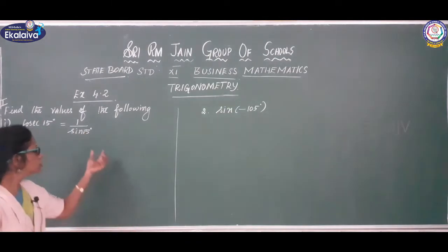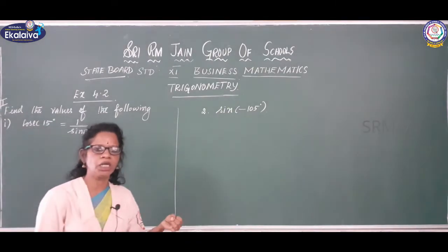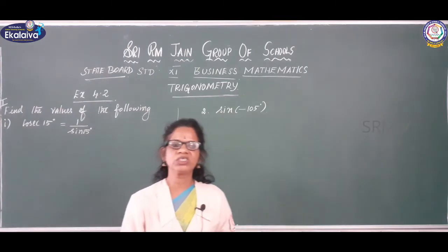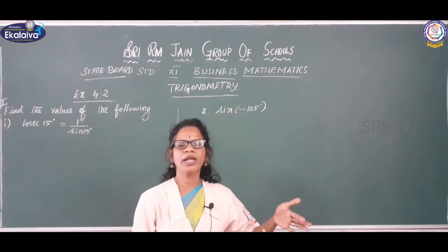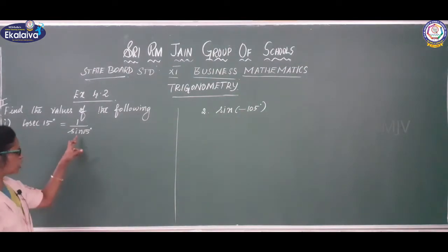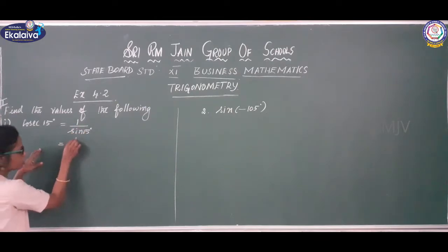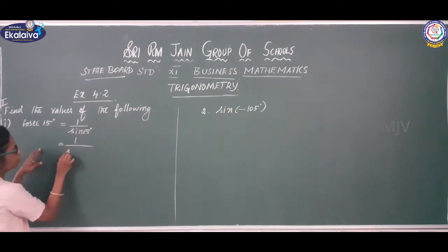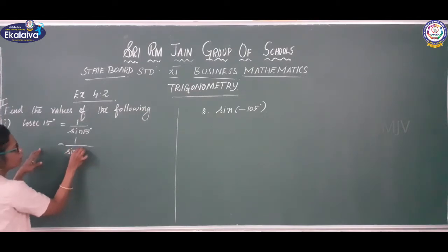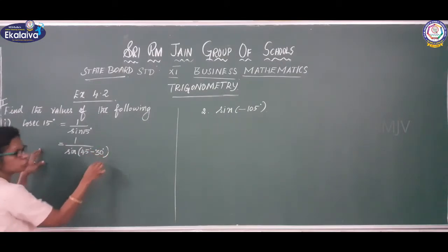Sin 15 degree we don't know the value, but we know sin 30, 45, 60, 90, 180, 270 and 360, right? Sin 15, using the formula, how to express? Sin 15 can be written as 45 minus 30. Will you agree, children?